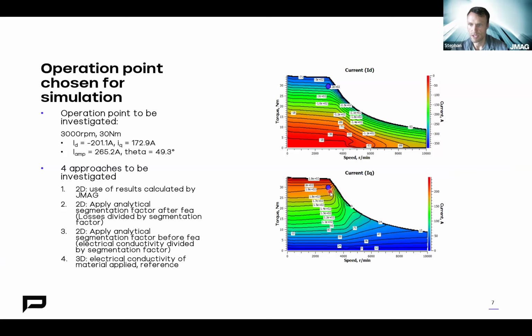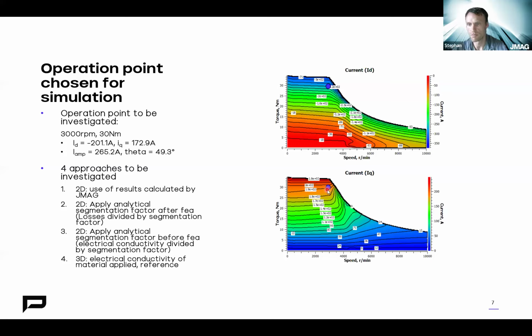And here in this area, we have quite a big modulation factor, but the modulation factor is not 1. It's, let's say, 0.8. Usually, current ripple due to PWM is biggest if you have a modulation factor of around 0.5.